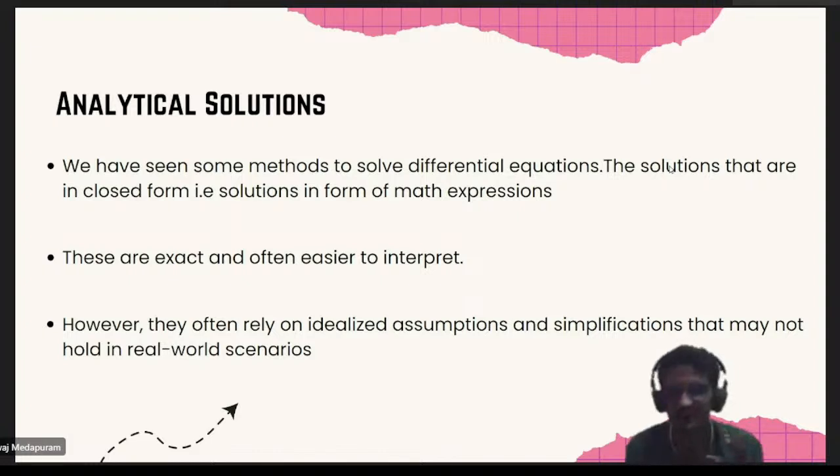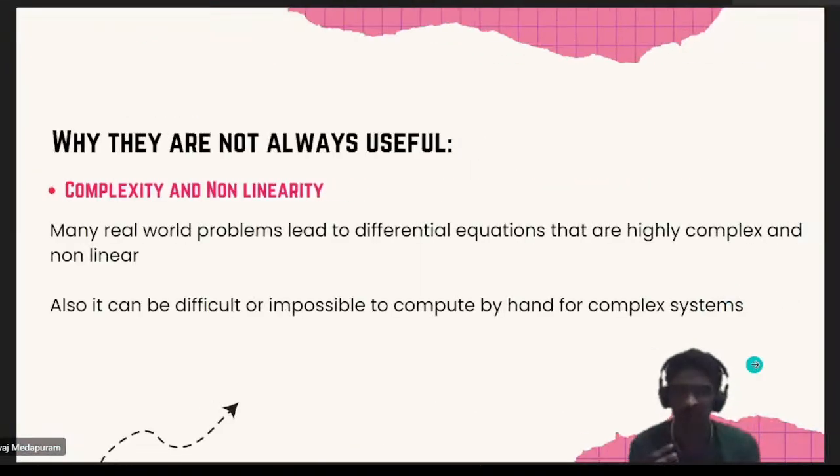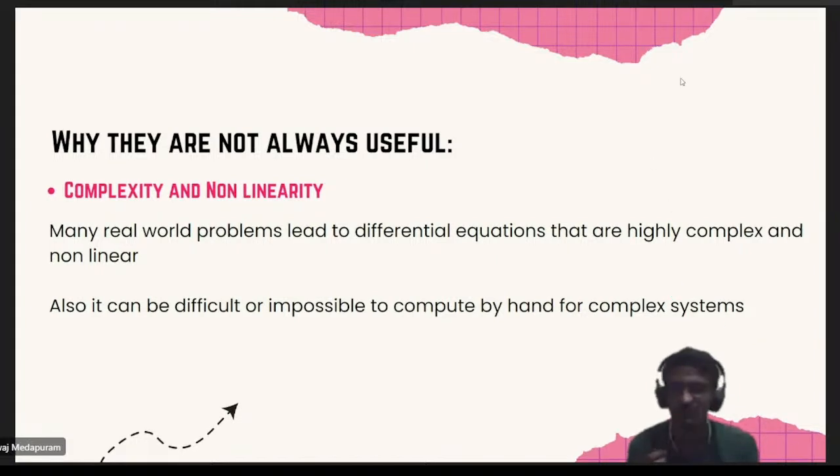I want to mention that many times we rely on some assumptions and simplifications imposed on the system to make the differential equation simple. But that is not always the case with real life scenarios. I'll give you an example for this. Before giving an example, I also want to say why analytical solutions are not always useful.